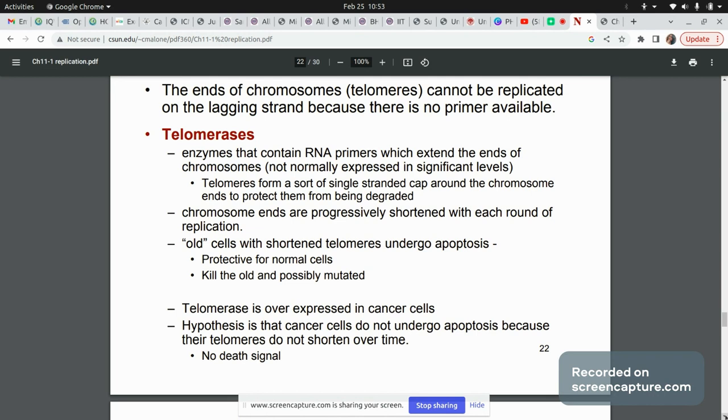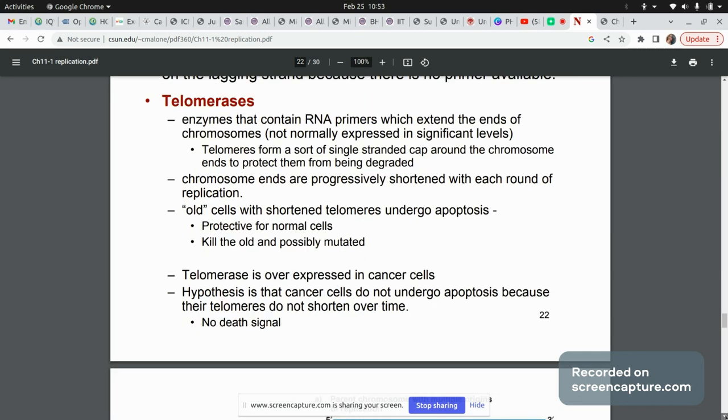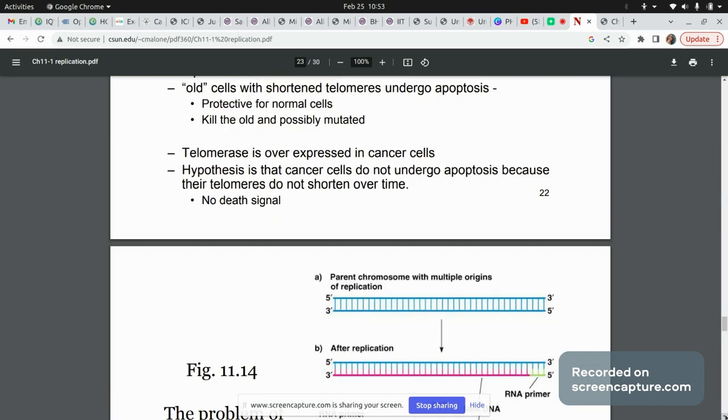Chromosomes are progressively shortened with each round of replication. Old cells with shortened telomeres undergo apoptosis, which is protective for animals, as it kills the old and possibly mutated cells. Telomerase is overexpressed in cancer cells. The hypothesis is that cancer cells do not undergo apoptosis because their telomeres do not shorten over time.